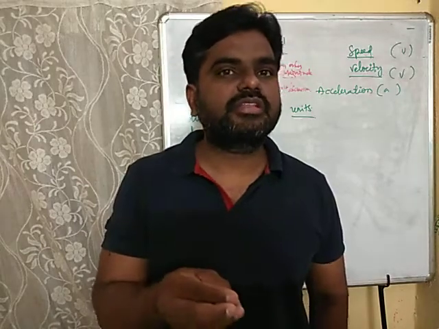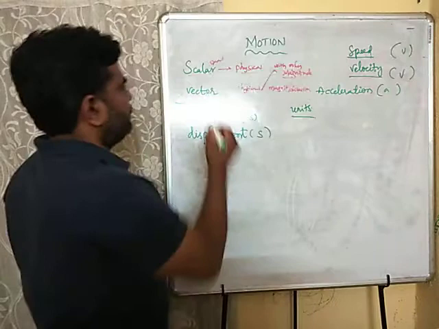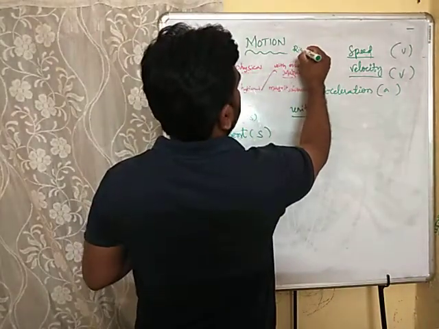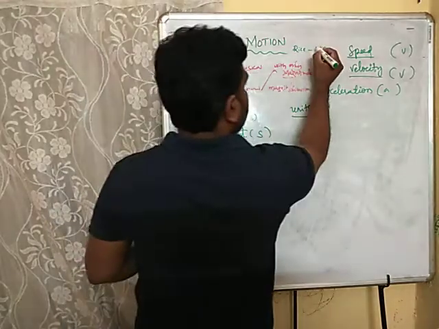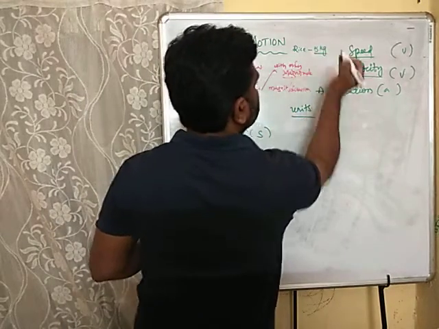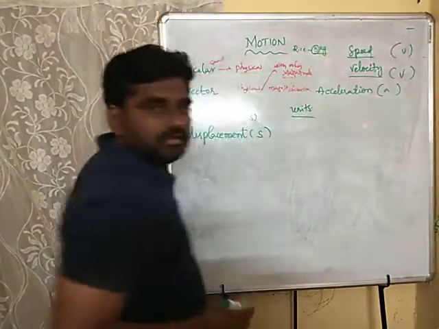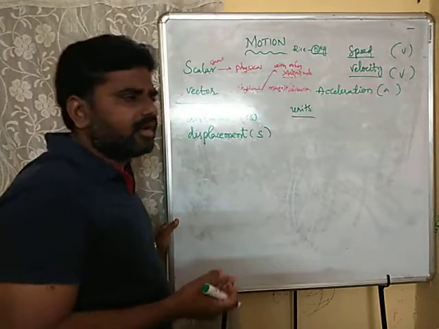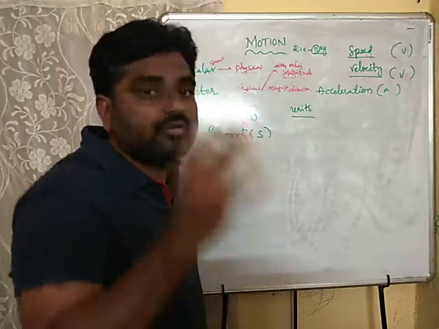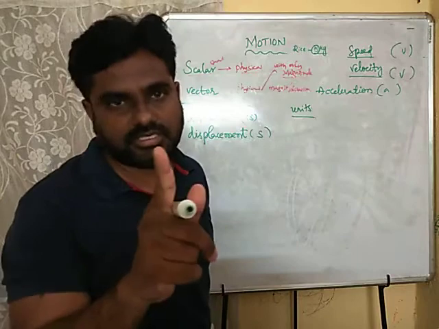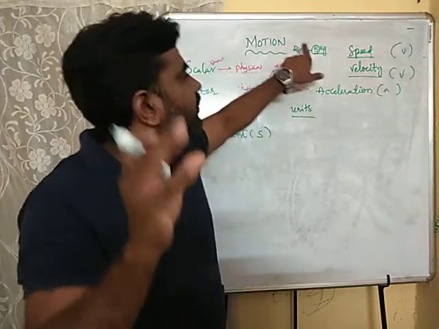Magnitude is nothing but a numerical value. A simple example: rice is measured in kilograms. Say I took 5 kilograms of rice. Here 5 is a number which gives the information of the quantity of rice.